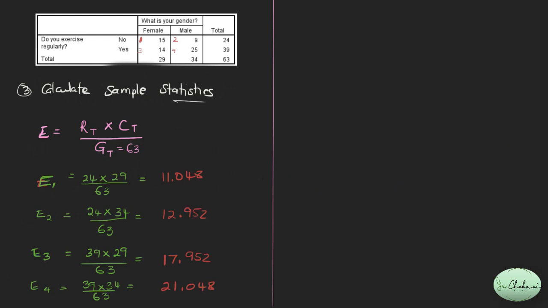In step number 4 of our hypothesis testing, we calculate the test statistic. For the chi-square test for independence, the test statistic is given by the formula that we covered in the previous video.